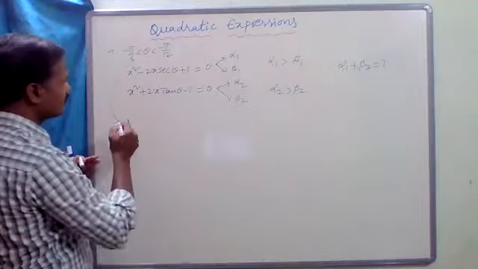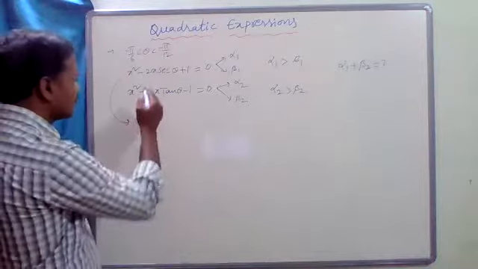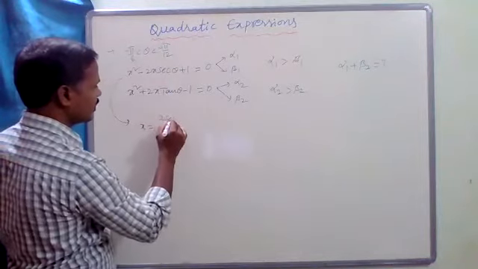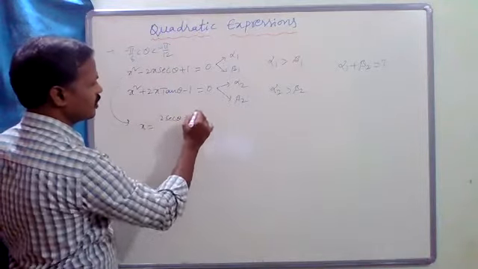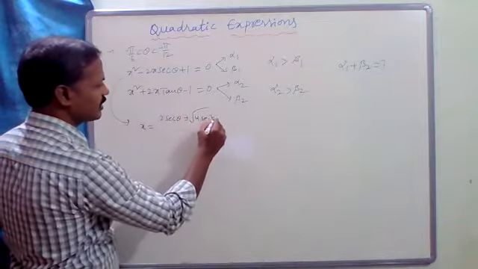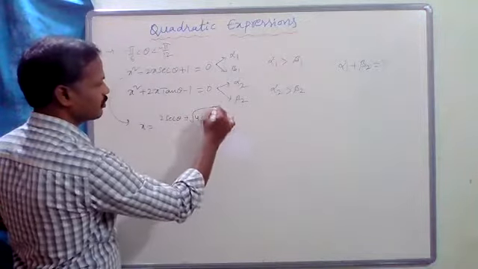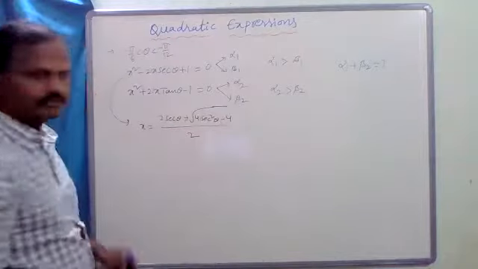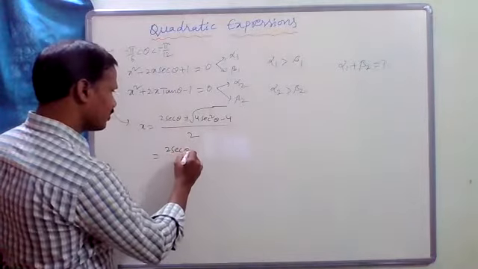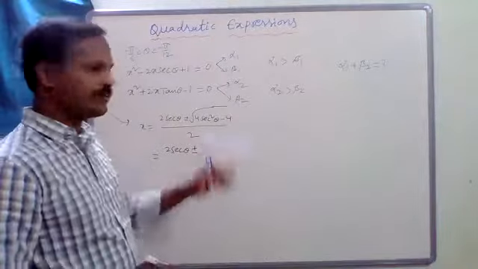Now, from this equation, what about the roots? x equals minus b, that is 2 secant theta, plus or minus square root of b square, 4 secant square theta, minus 4ac, divided by 2a. Now this equals 2 secant theta plus or minus, if you take 4 common outside, that is 2 square root of secant square theta minus 1.